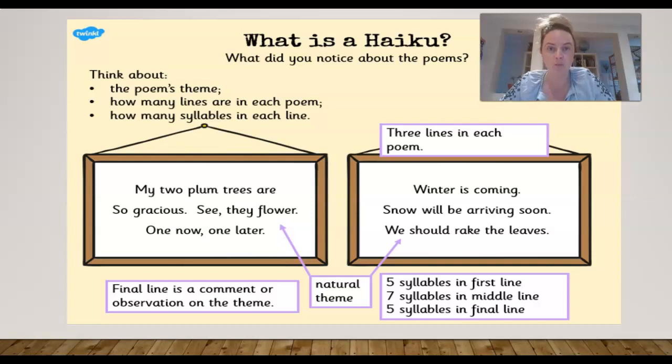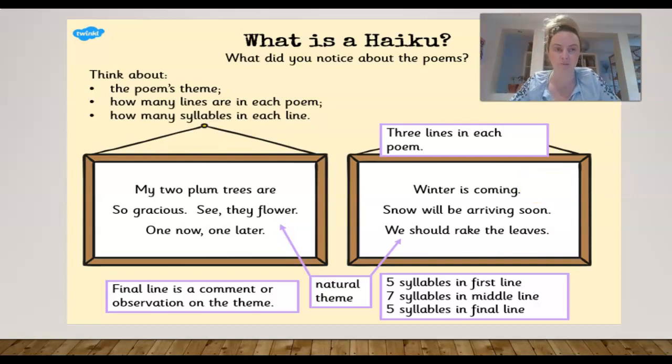So the first rule that we need to make sure we are aware of is that the first line must have 5 syllables. Then the second line will have 7 syllables. And the third line will have 5 syllables. So it goes 5, 7, 5.